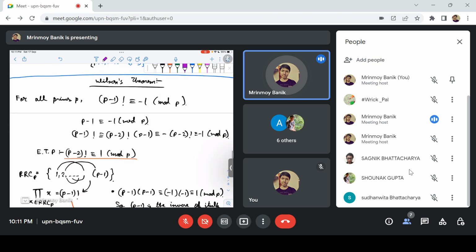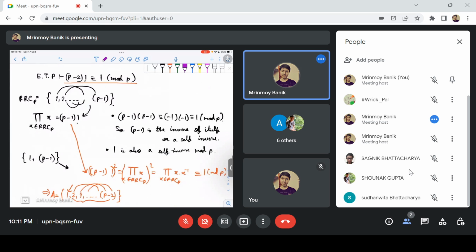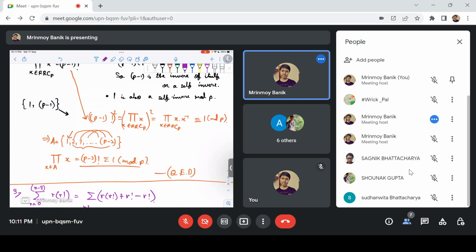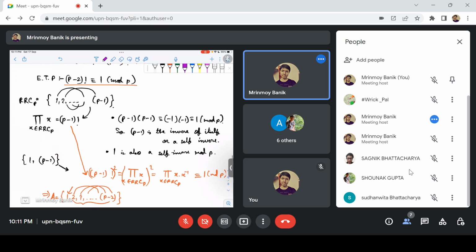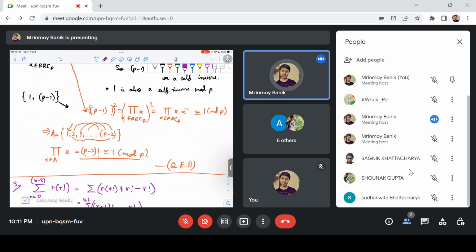Isn't it clear from our proof? So what is our proof? The proof of Wilson's theorem relies on the fact that the product of the numbers from 2 up till p minus 2 is 1 mod p.